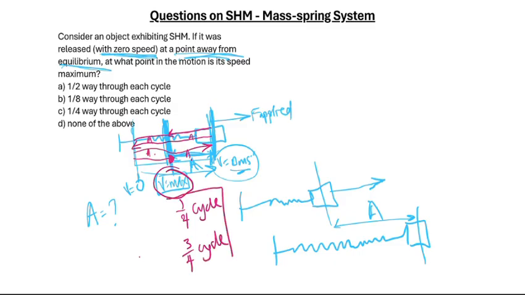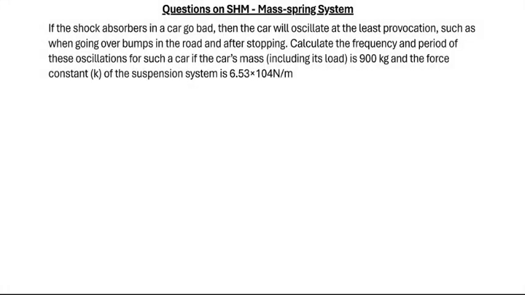So at these 2 points the velocity is maximum. But in the options we have 1/4, so the answer is 1/4 of the cycle where the velocity is maximum. Hope you understand.